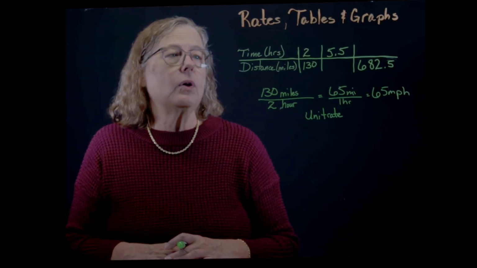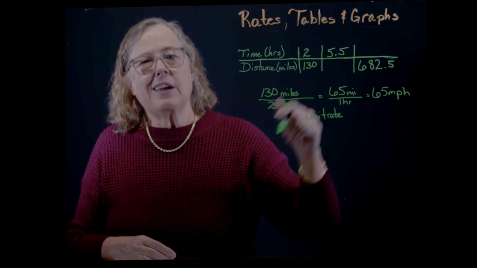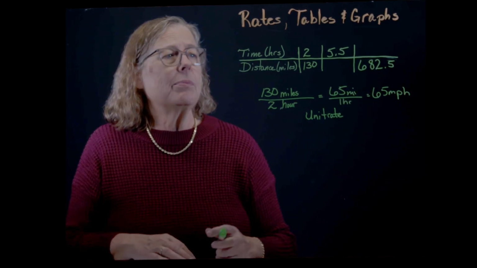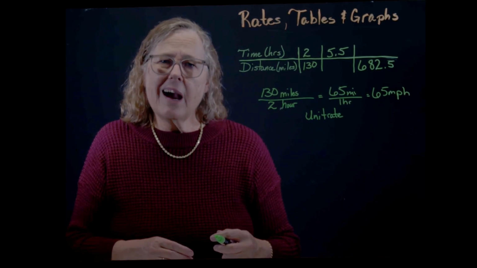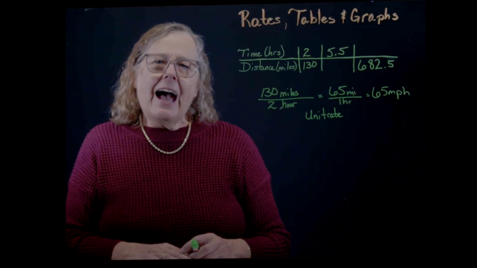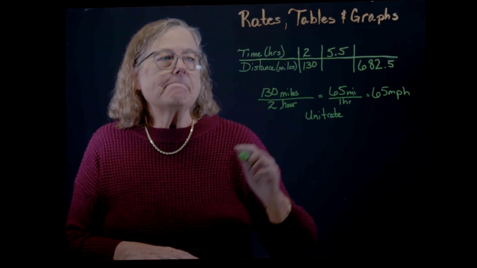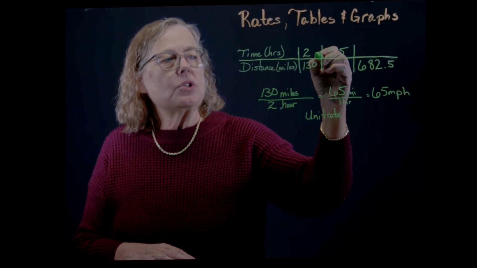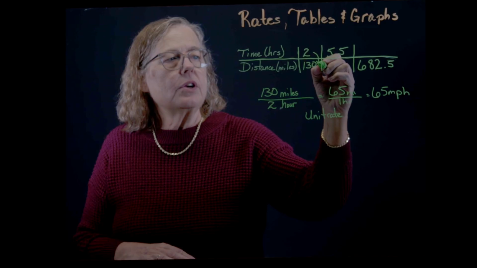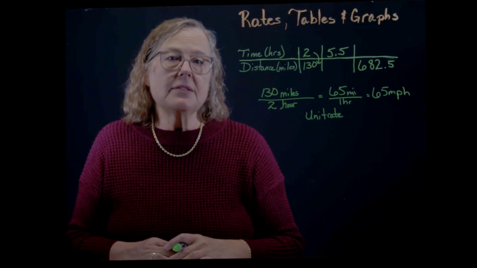That's super helpful. So let's think about this now. I'm missing a few things here. I didn't keep track really well, but I'd like to fill my table in so I can know what I did when, right? Well, how can I use this rate that I have here? How did I get from 2 to 130? What did I do? I multiplied by 65.